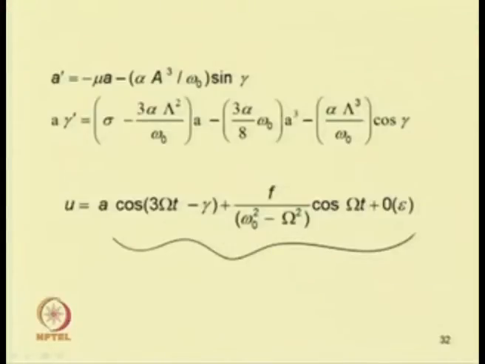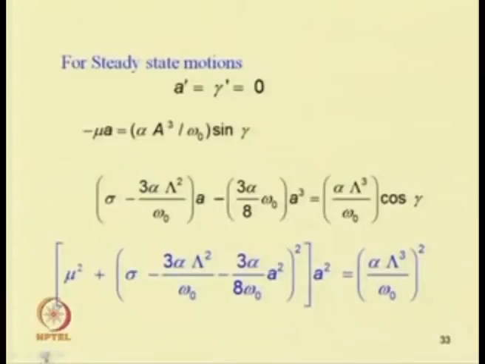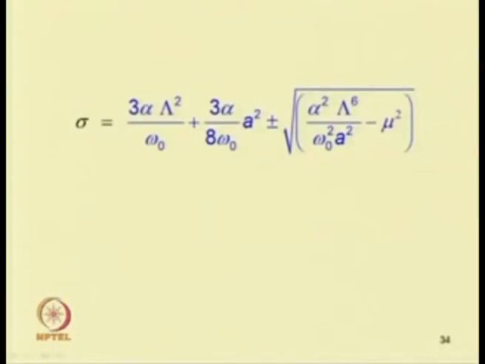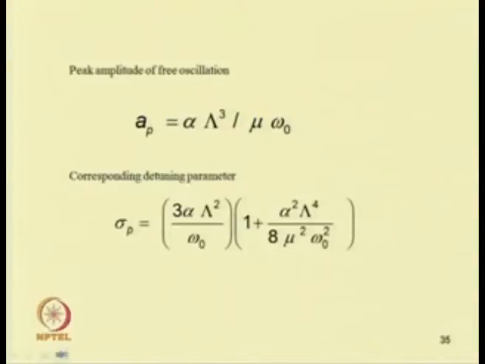The free vibration part, that is A cos(3 omega t minus gamma), shows that the free vibration will have a periodic response whose frequency will be 3 times that of the external frequency of the system, and this part is due to forced vibration of the system. Similarly, one can study the stability, and this is the expression for the frequency response curve. Using this equation one can plot the frequency response curve of the system.